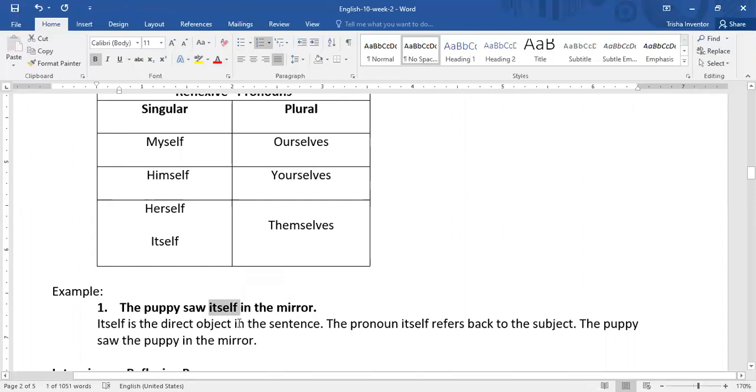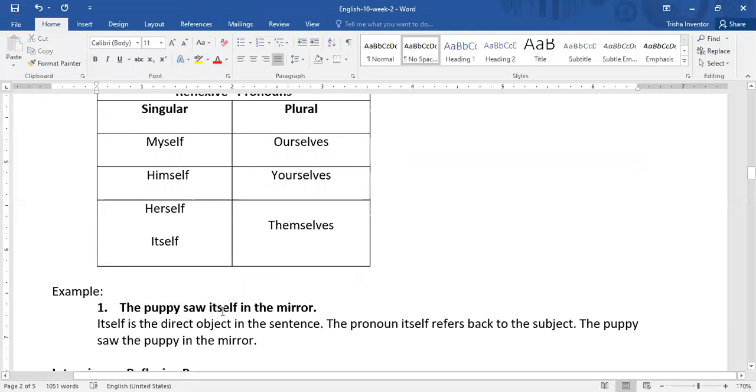And then itself is the direct object in this sentence and the subject of the sentence is the puppy. So again, this is the subject and this is the direct object.